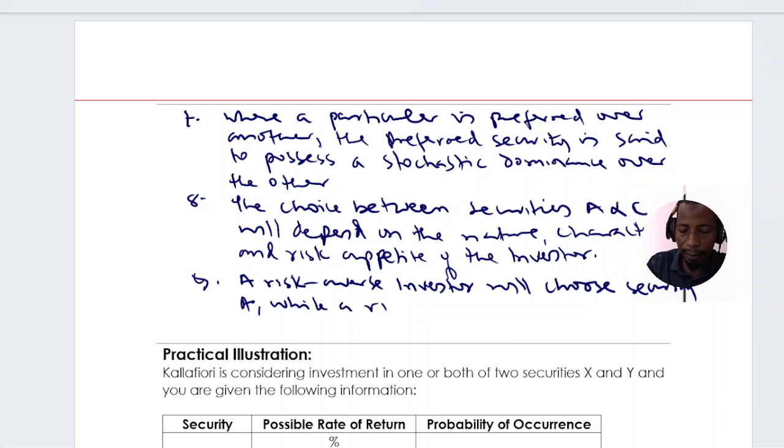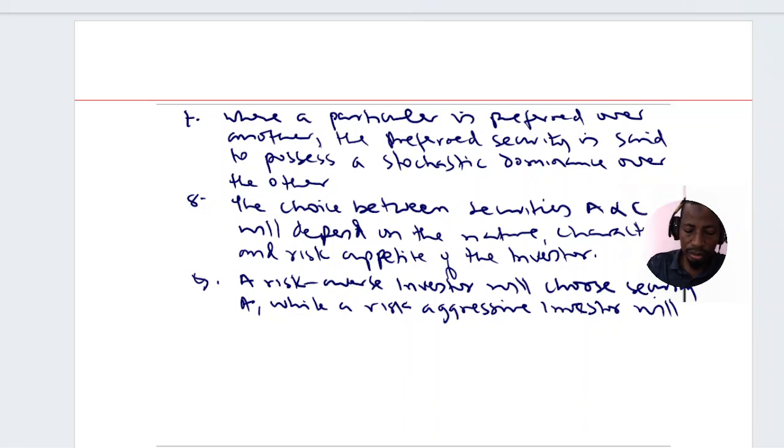A risk aggressive investor will select security C, because both security A and C lie on the efficient frontier, which are preferred over security B.